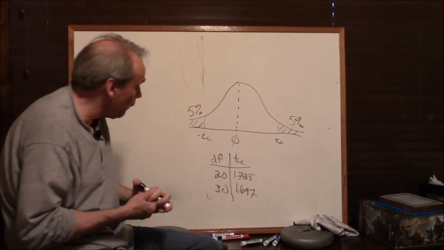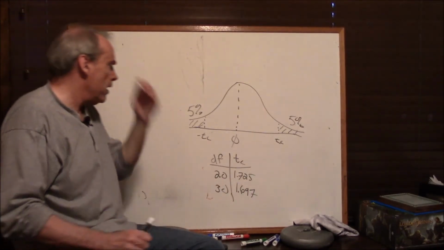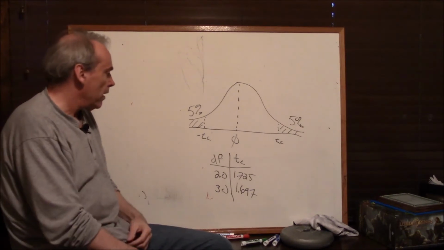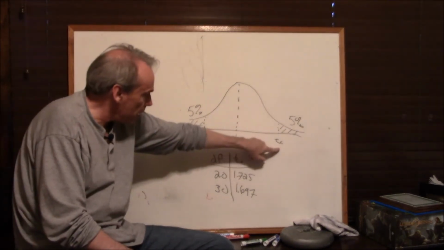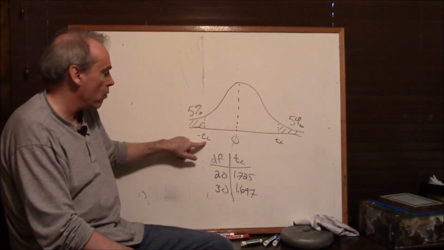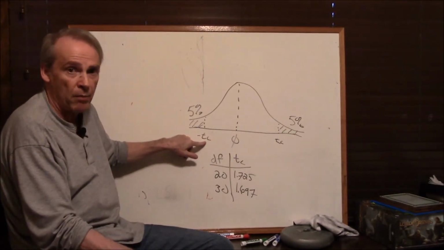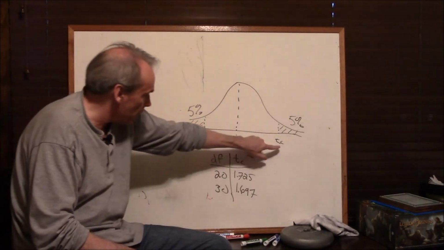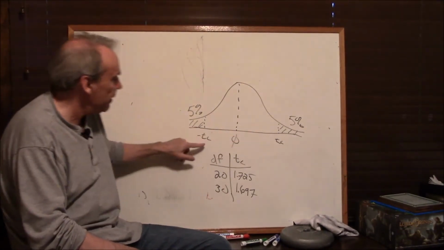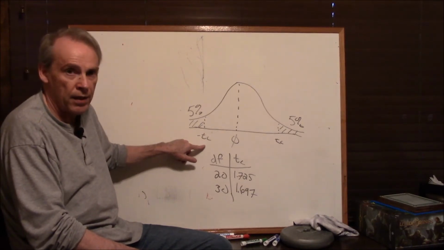So for a two-sided test, 10% level of significance and 20 degrees of freedom, it's 1.725 and negative 1.725. It's the exact same number, just negative, it's symmetrical. For 30 degrees of freedom, 1.697, negative 1.697, all right?